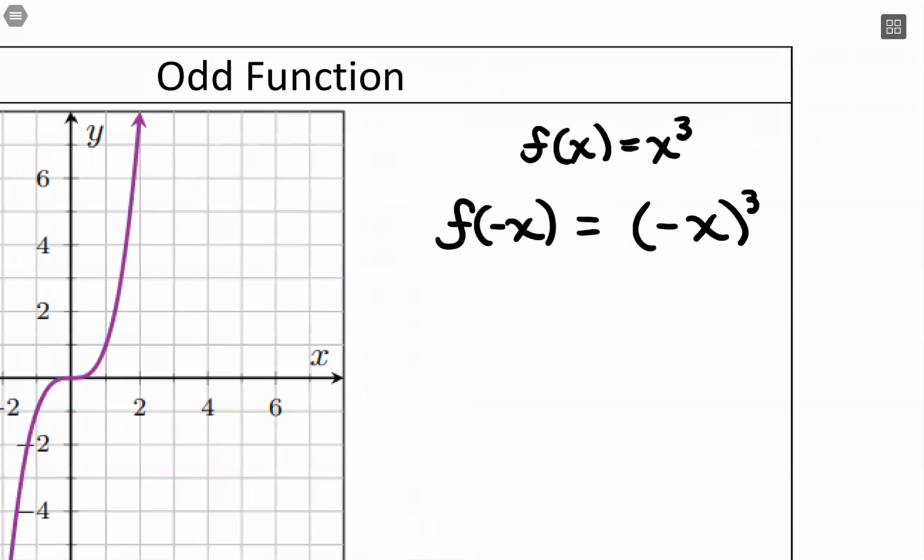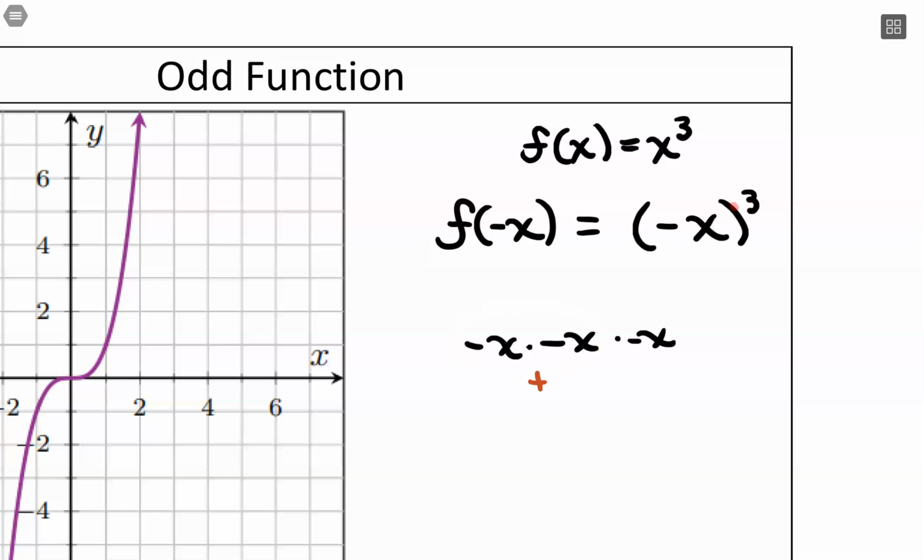Now, whenever we have an odd number as our exponent, like with 3, we'd have negative x times negative x times negative x. So what you'd end up with are these pairings that would make for positive numbers, so that would make a positive x squared.